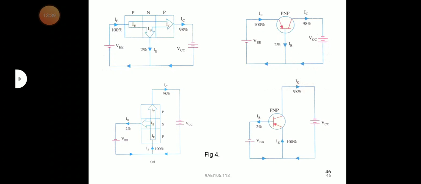Now IC in terms of IB, ICBO, alpha and beta. IC equals alpha IE plus ICBO. Alpha IE is the majority current, ICBO is the minority current.